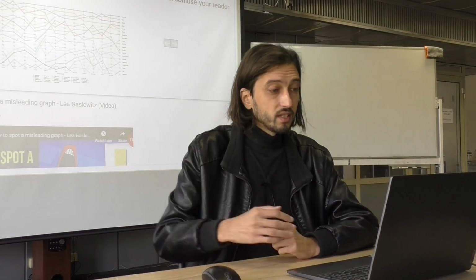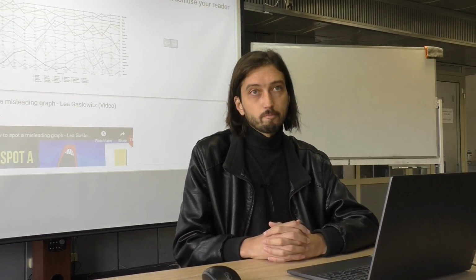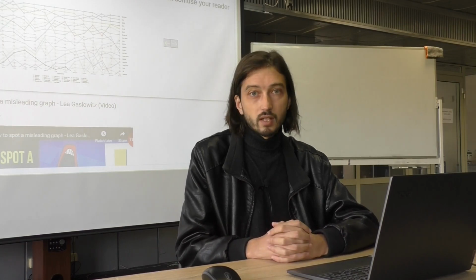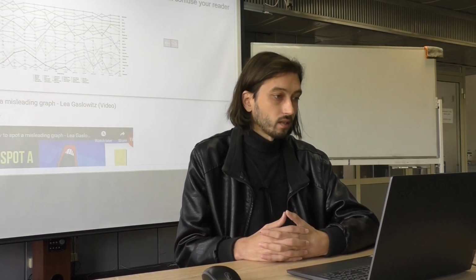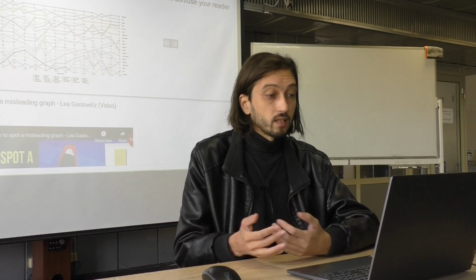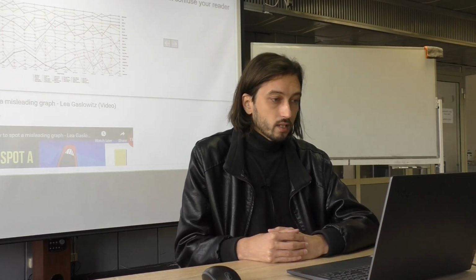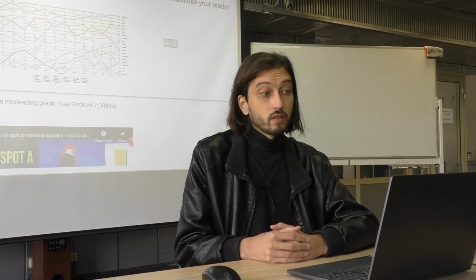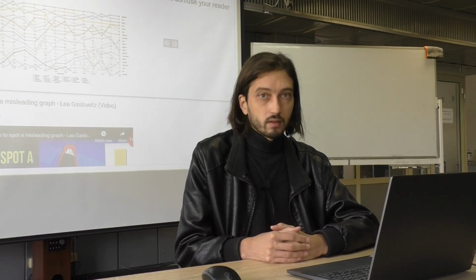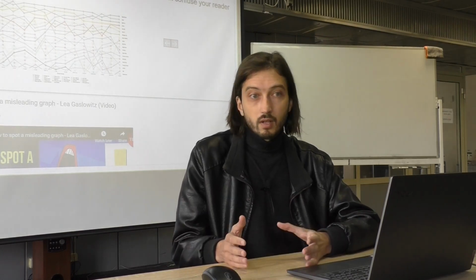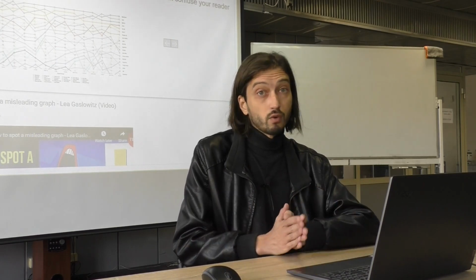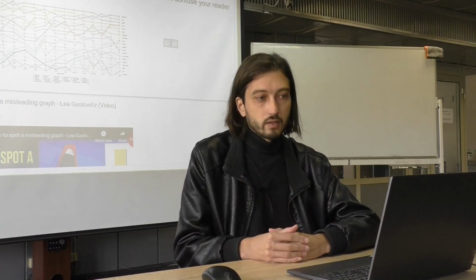A bit different problem that we even see in some articles. You really can see this kind of problem. It's when people are trying to squeeze too much information into a single graph. So you are trying to plot something. You have a lot of data and you want to show all that data to your readers.